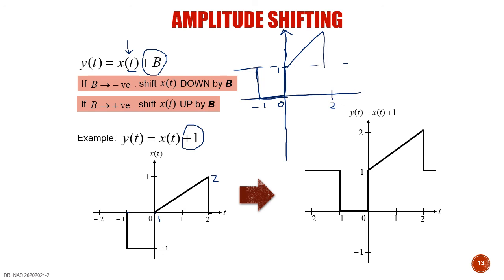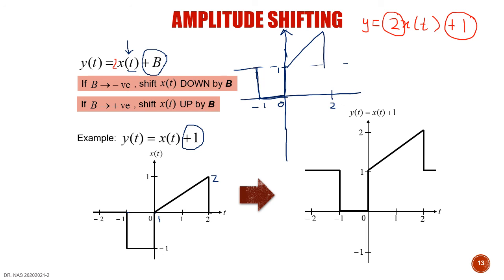Okay, so what happens if you have a different variable in front of x? If you have 2x, for example, if you have y = 2x(t) + 1, you know that the signal is being shifted up in amplitude by 1, and you have amplitude scaling by 2. So what does amplitude scaling mean?